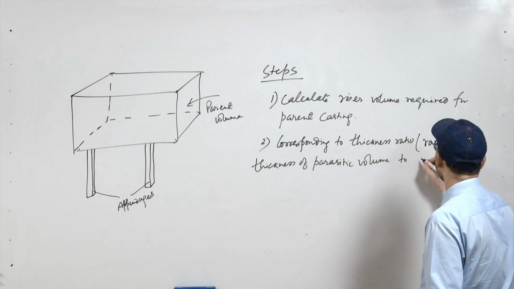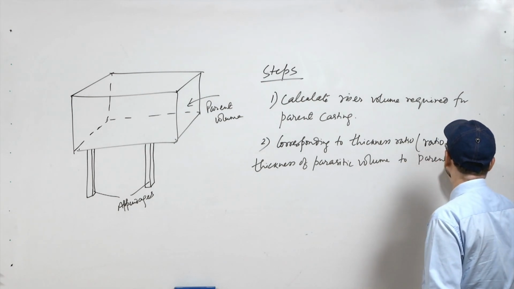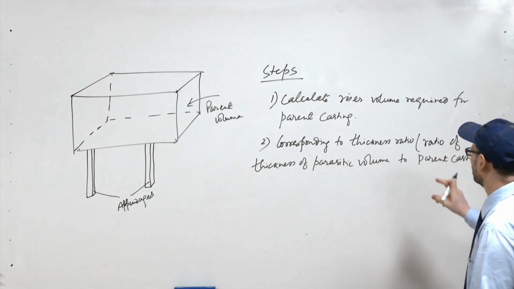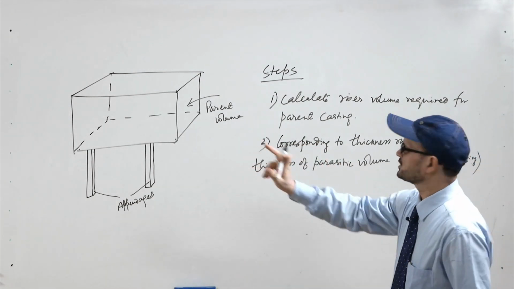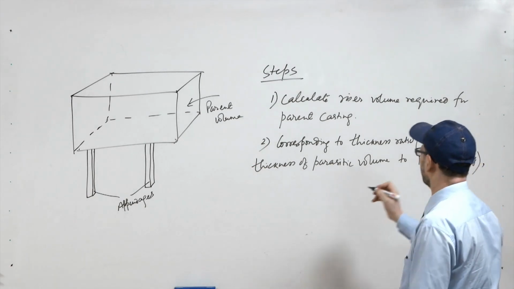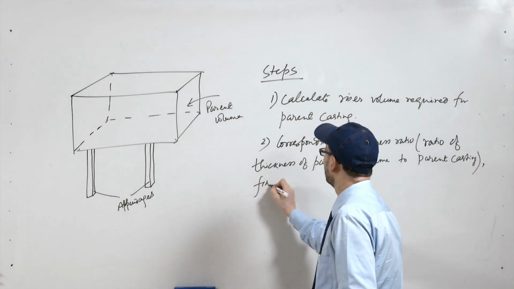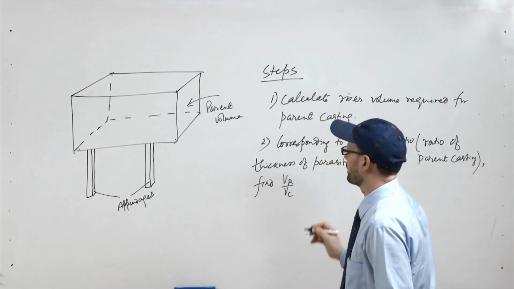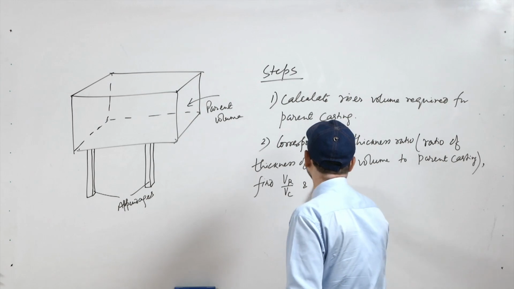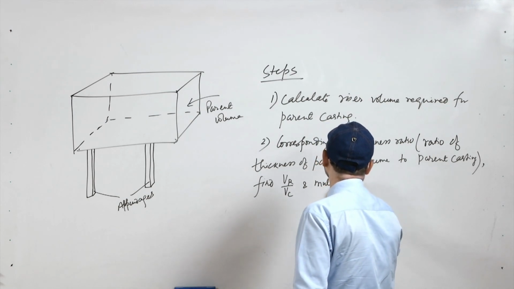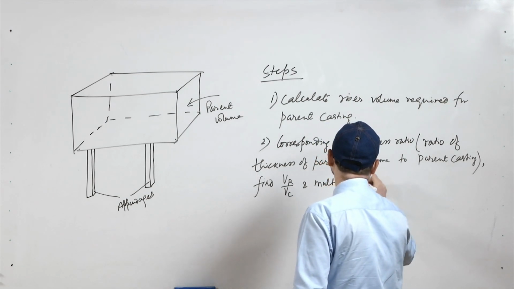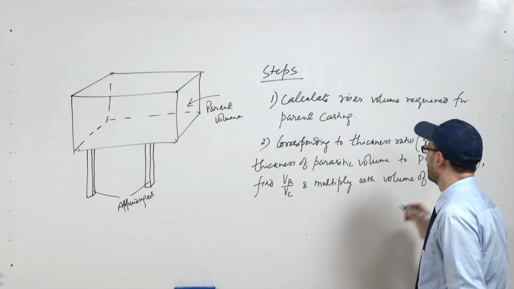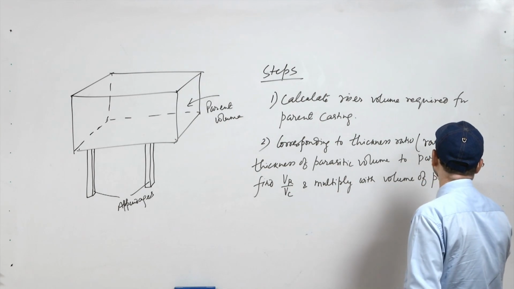Once you get this thickness ratio, find VR by VC from the graph and multiply it with the volume of the parasitic component.